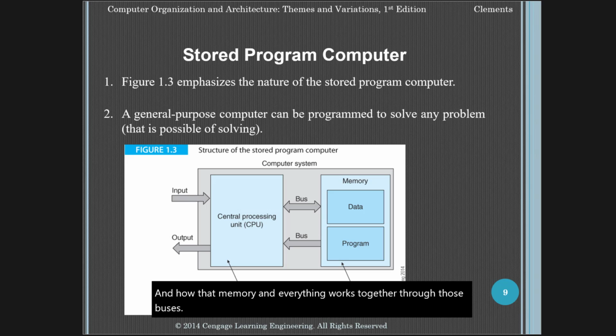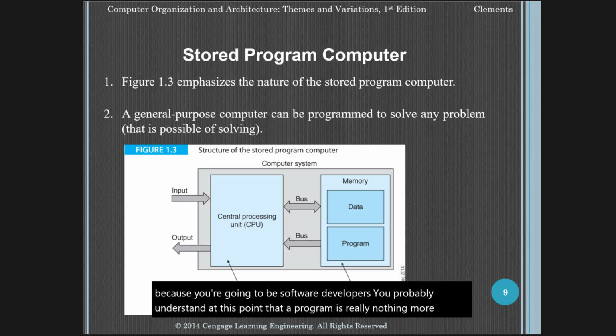So a program, and I'm assuming most of you are taking this class because you're going to be software developers, you probably understand at this point that a program is really nothing more than a sequence of operations and instructions that you want the computer to carry out to accomplish a given task.